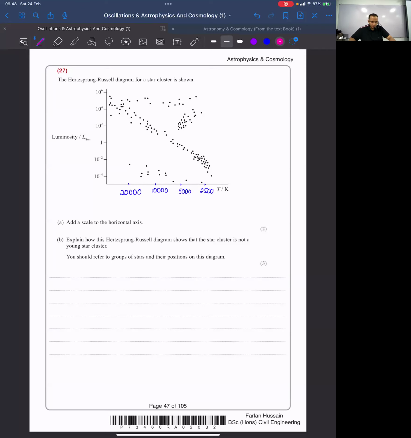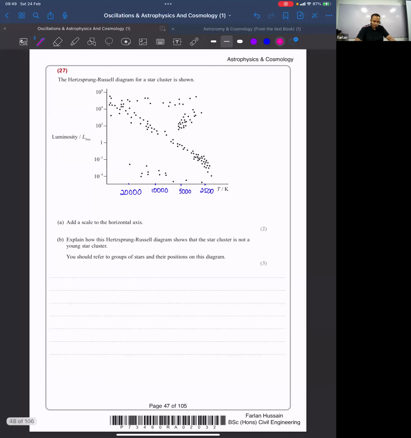The Hertzsprung-Russell diagram for a star cluster is shown. The first part of the question was about a scale for the horizontal axis. So it starts from 20,000 and keeps reducing towards the right. That's how HR diagrams are. Explain how this diagram can be used to show that the star cluster is not a young star cluster. You should refer to the groups of stars and their positions on this diagram.